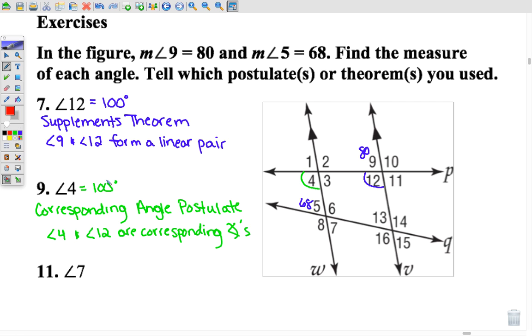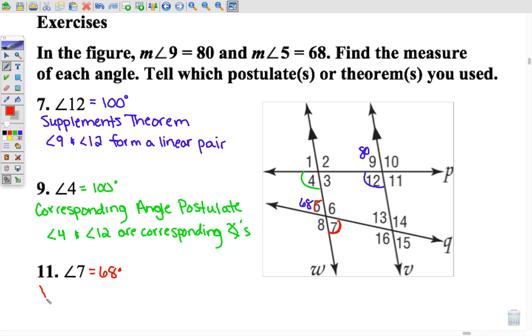Okay, last one like this. Angle number 7. So we're looking at this angle right here. Well, if you notice, angle 5 and angle 7, those are your bow tie angles. Okay, these right here are your vertical angles. So what we know is that vertical angles are congruent. So if angle 5 is 68 degrees, then we know angle 7 is going to be 68 degrees.